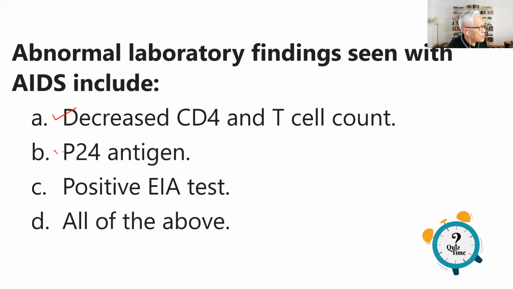So this is going to be present also because you cannot have AIDS without having HIV, correct? And then, of course, positive EIA test, that's the ELISA or enzyme immunoassay, is used to detect the antibody. So all these are going to be present, okay?